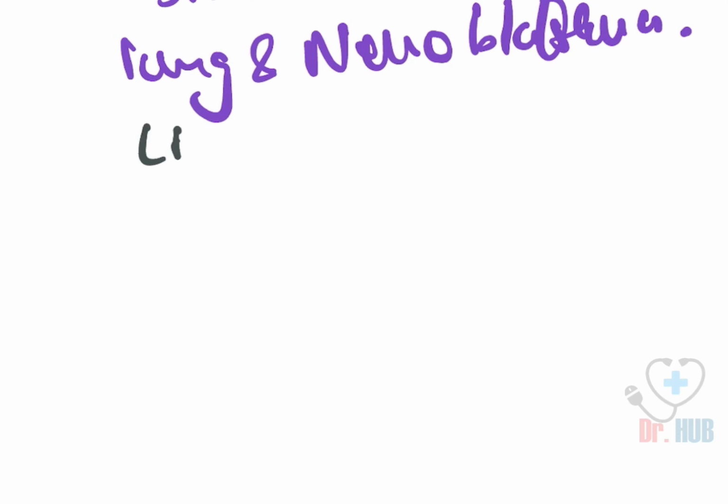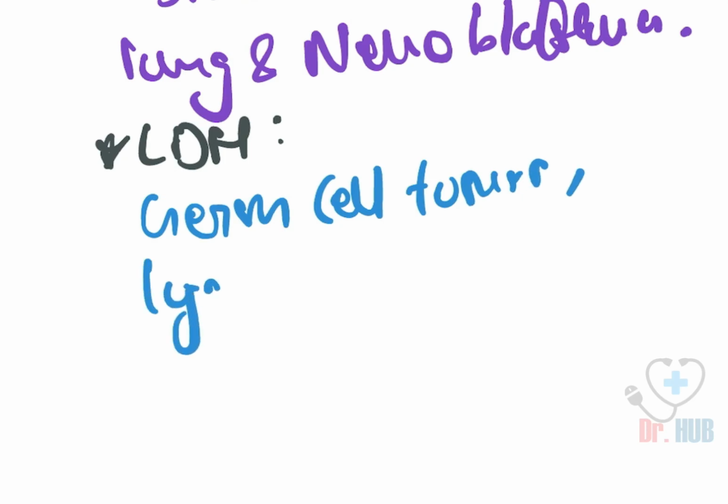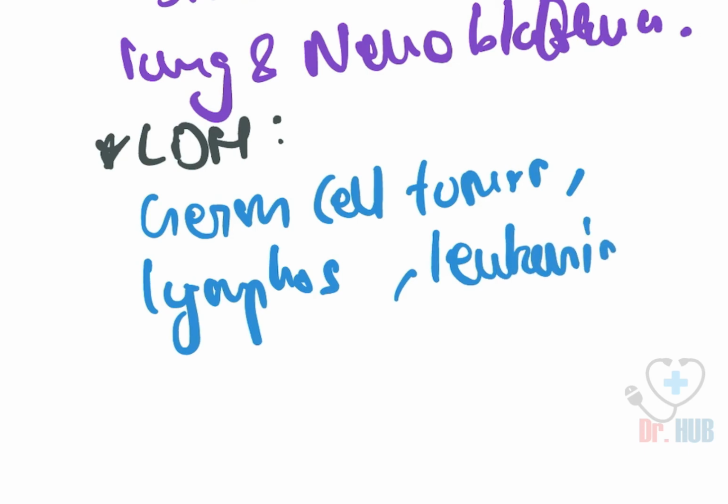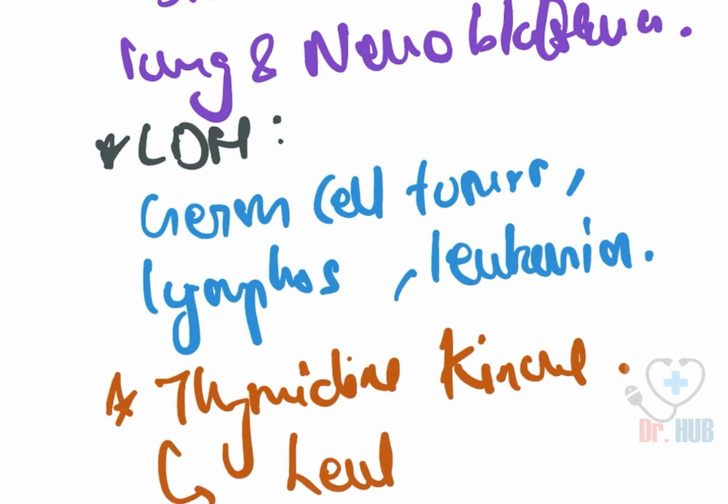Next we look at the LDH. LDH is seen in the germ cell tumors as well as the lymphomas and the leukemias. Then we look at the thymidine kinase. Here it is seen in case of the leukemias.